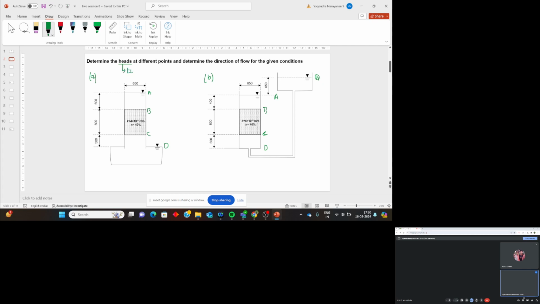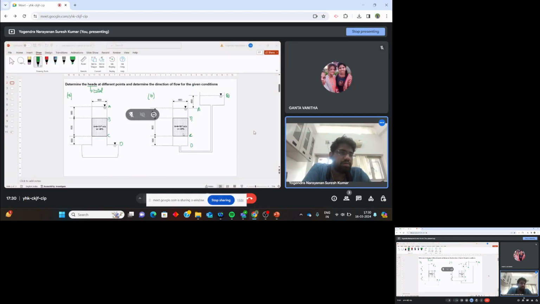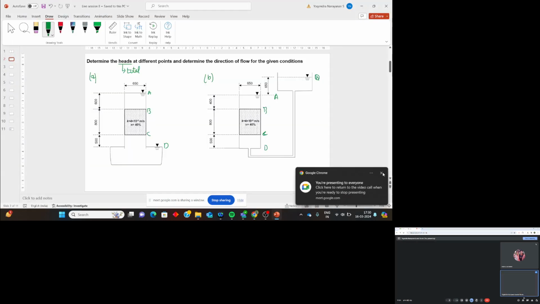So how will you define the total head? Pressure head plus elevation head. Yes, pressure head plus elevation head. Right.